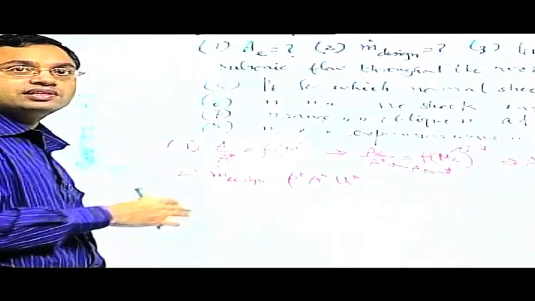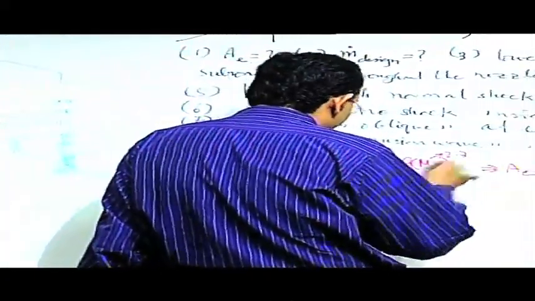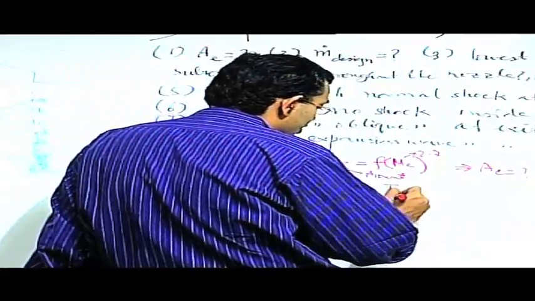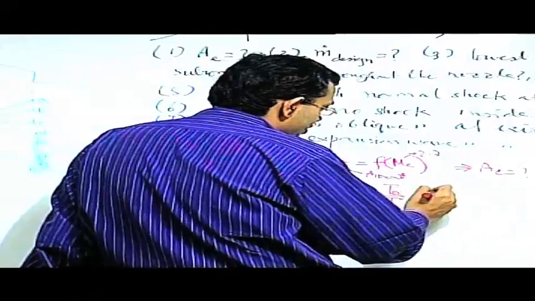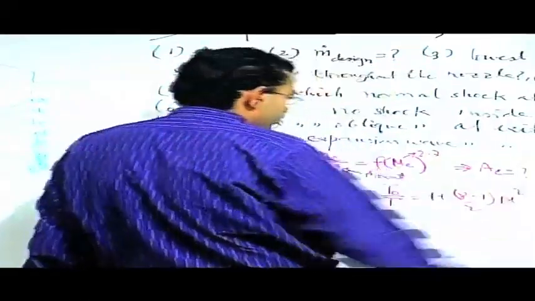How do we calculate rho star? Maybe we may calculate T star or P star. To calculate T star, let us use any of the isentropic relationships, say T0 by T is equal to 1 plus gamma minus 1 by 2 into M square, that we know.